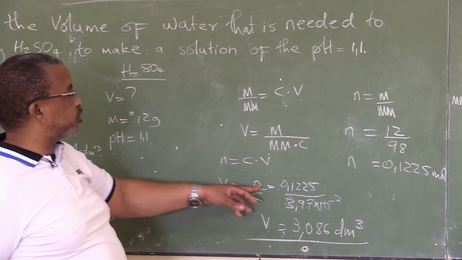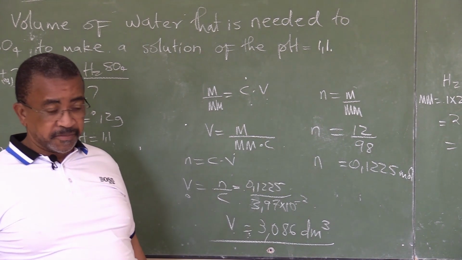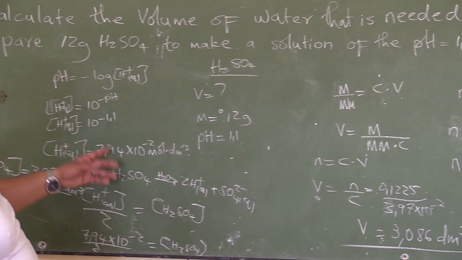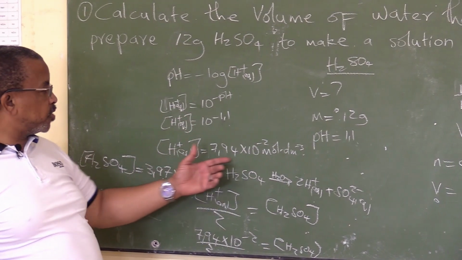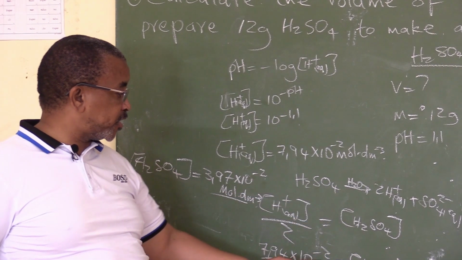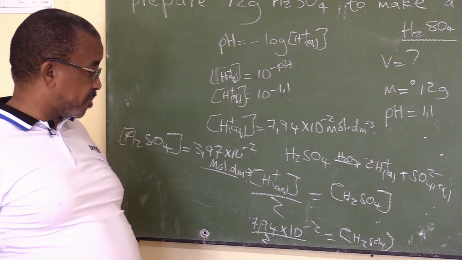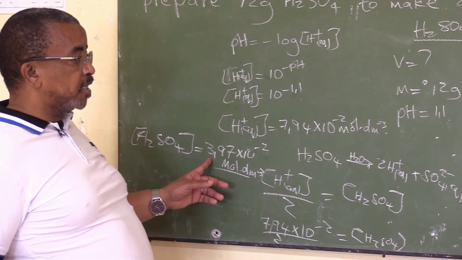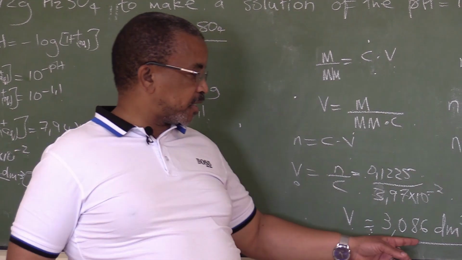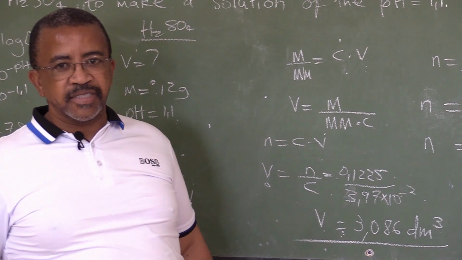We found the number of moles of sulfuric acid, and now we want the concentration. The concentration comes from the pH. We found the concentration of H plus, then used the ratio to find the concentration of sulfuric acid, which is 3.97 times 10 to the power minus 2. From this we got the answer: 3.086 decimeter cubed. This is what we get in this calculation.